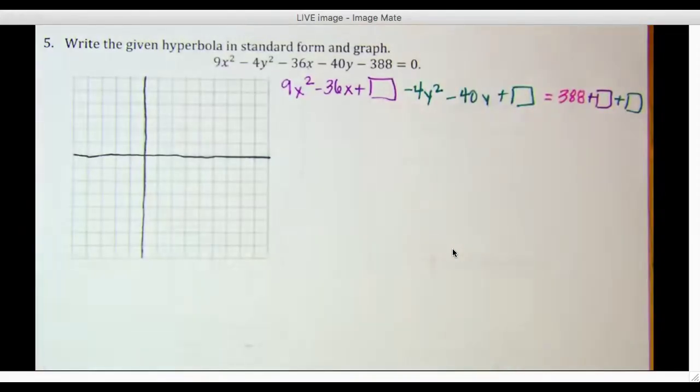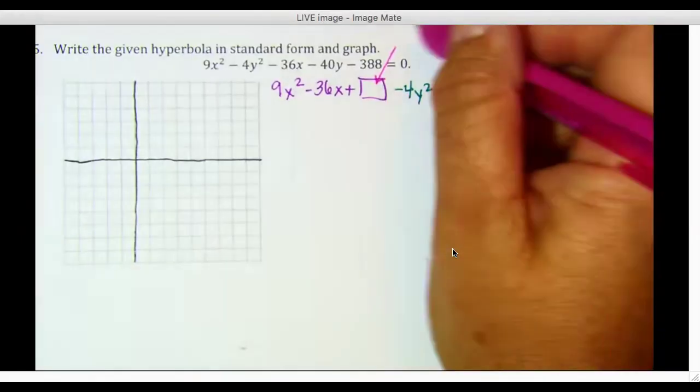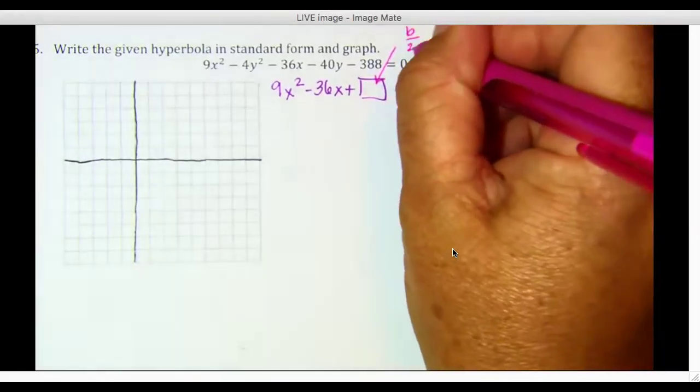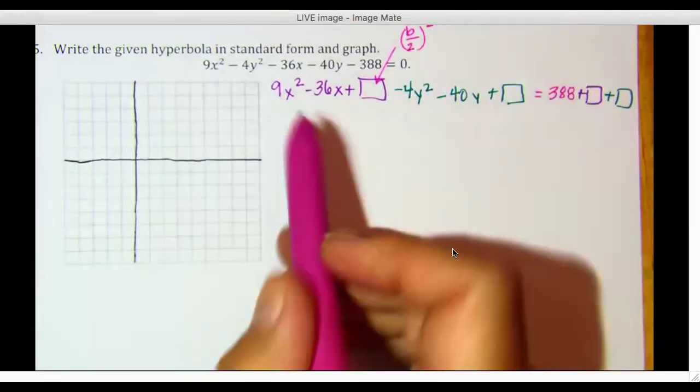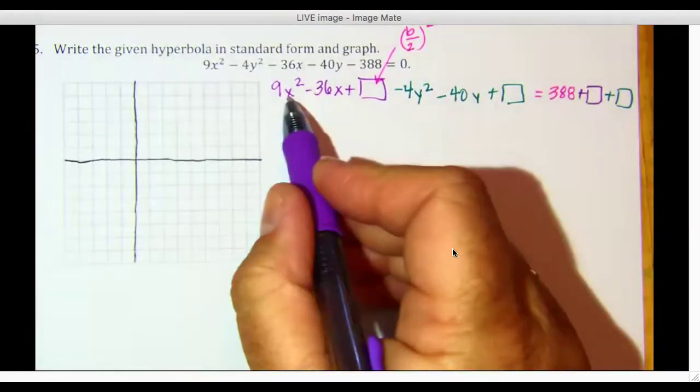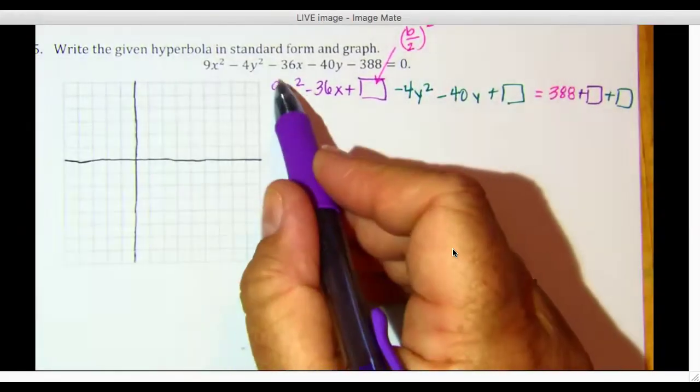Okay. So remember, in this box, when we do completing the square, we did this in the previous video, your b value divided by 2 squared. But remember, with completing the square, we want our a value to be 1. And right now, my a value is 9.